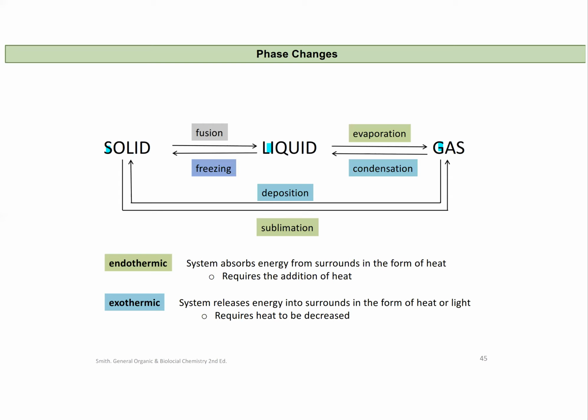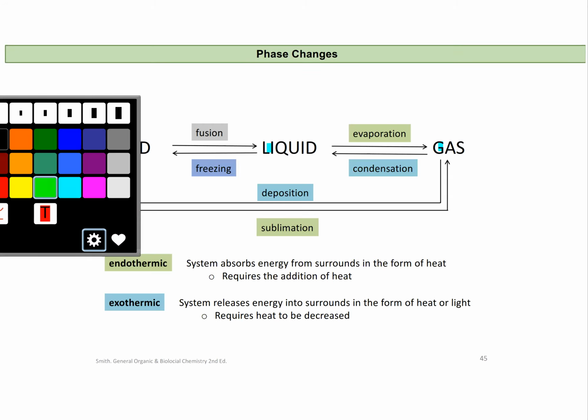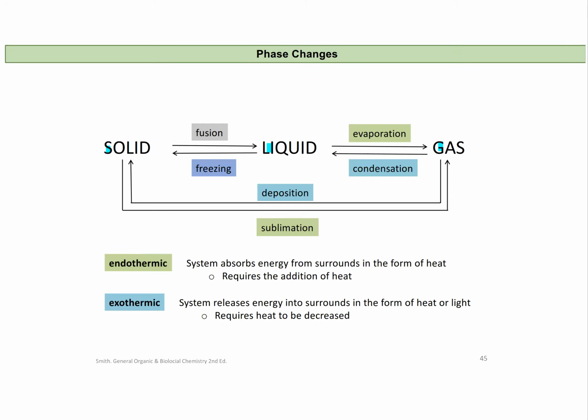So when we go from a solid to a liquid, called fusion, our molecules are gaining motion or kinetic energy. And that means they're going to start breaking their intermolecular forces and reforming them.